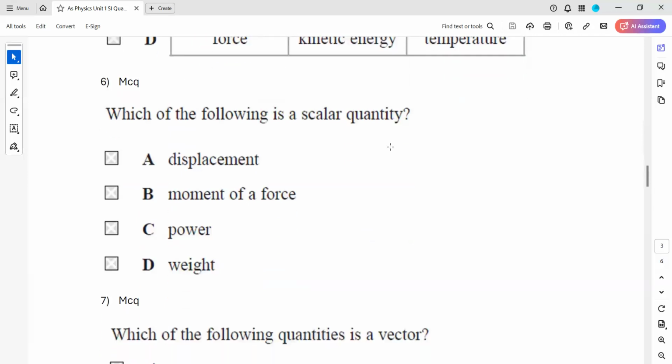Which of the following is a scalar quantity? Displacement is a vector quantity, moment, the turning effect, is a vector, weight is a vector, so power is a scalar. So question 6, C should be the right answer.